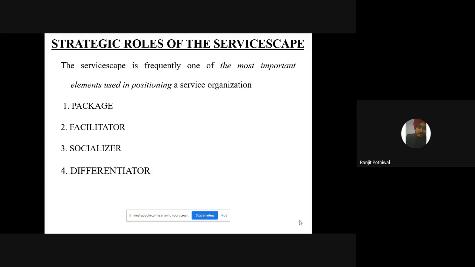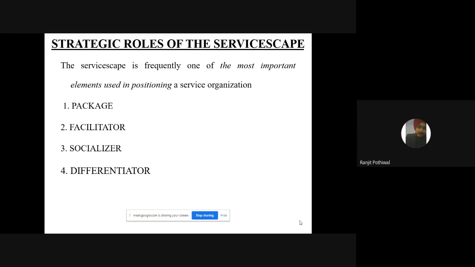So you are socializing much more than if you are not that happy or not that contented. You speak to the service provider in a better way. You speak to fellow customers if a chance is there. So it has the role of a socializer. First is a package, second is facilitator, third is socializer.